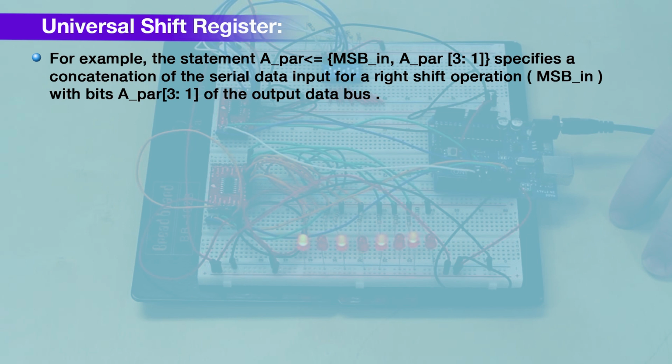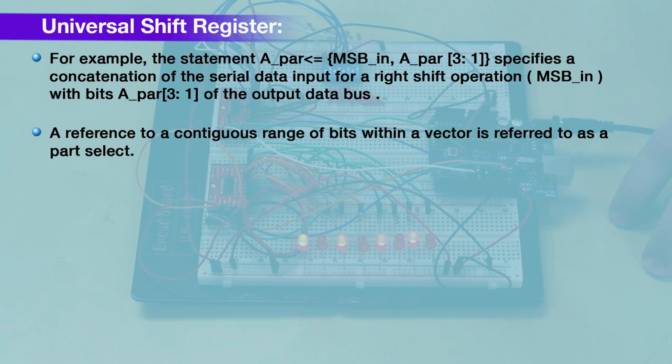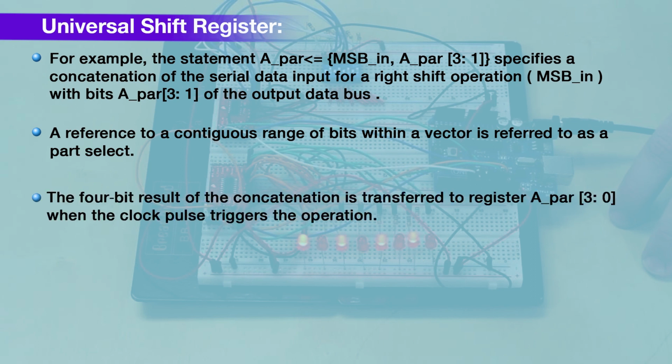the output data bus. A reference to a contiguous range of bits within a vector is referred to as a part select. The 4-bit result of the concatenation is assigned to register A parallel.